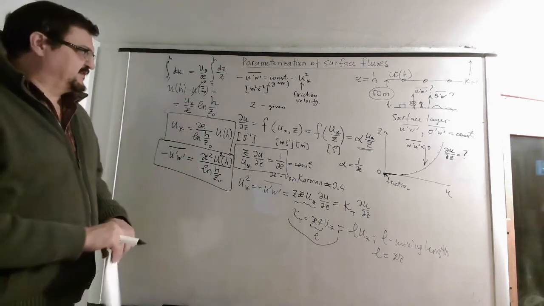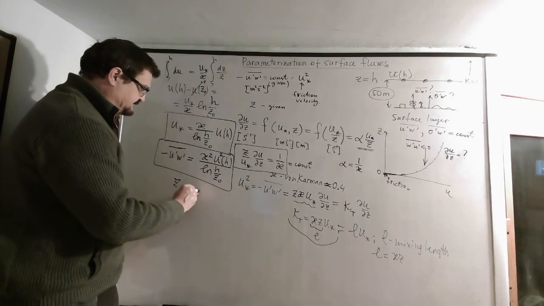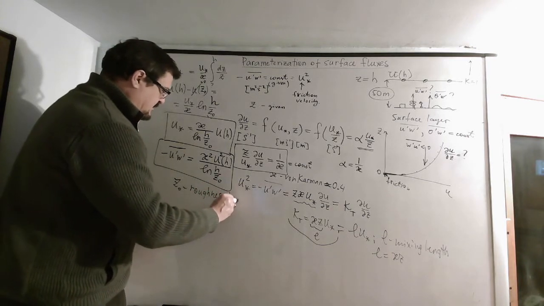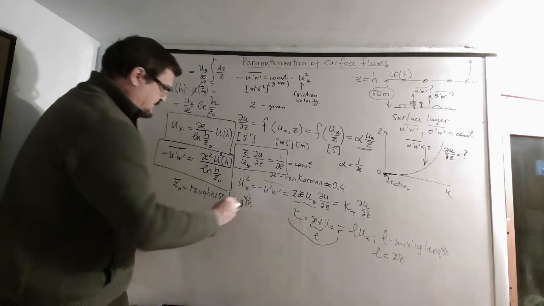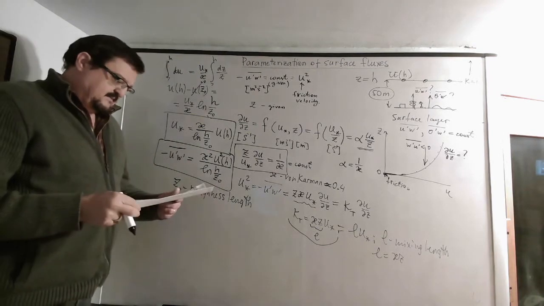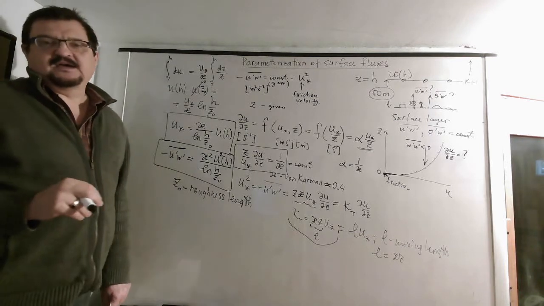So how do we obtain z naught? It is called the roughness length. Roughness lengths generally can be obtained only experimentally.